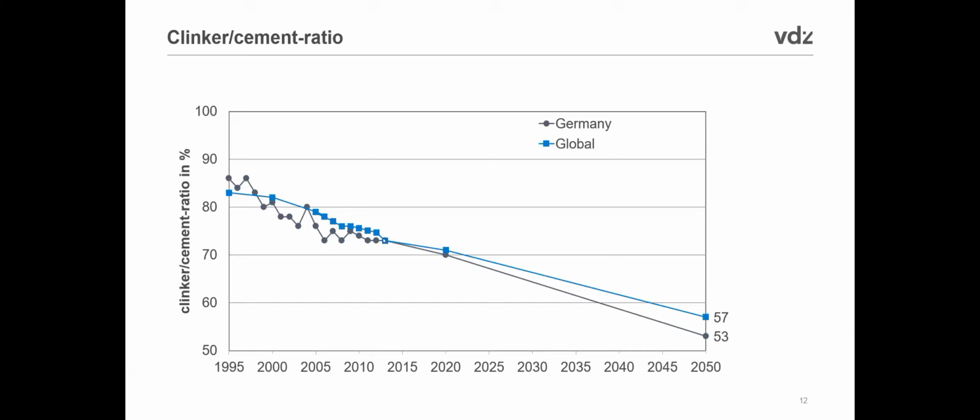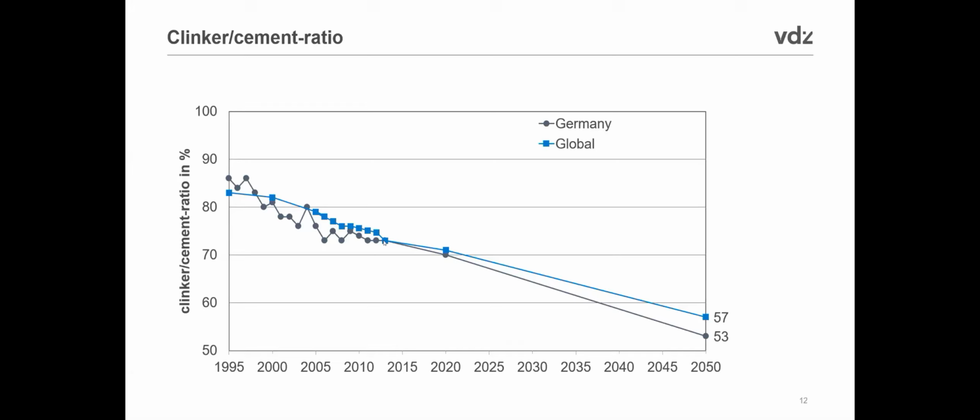And you can see here that it's decreasing significantly in a very positive way. So we are at about 70% here, and we are aiming to get to less than 60%, between 50 and 60%, on a national level in our country, but also on a global level.